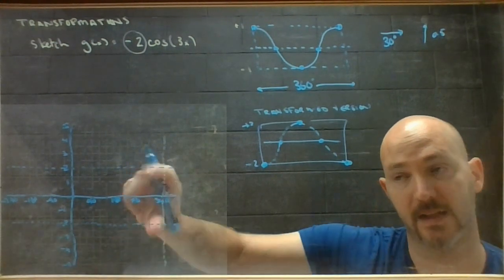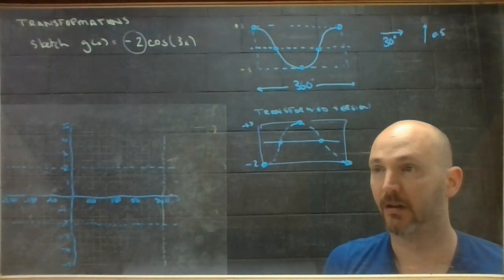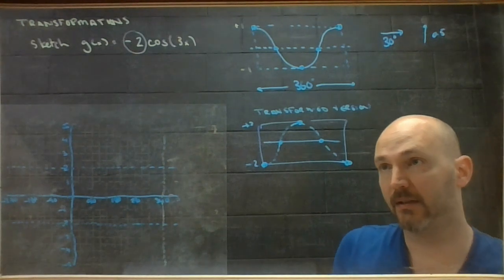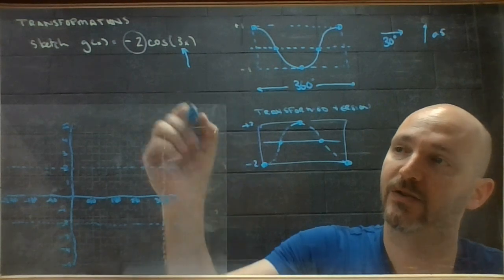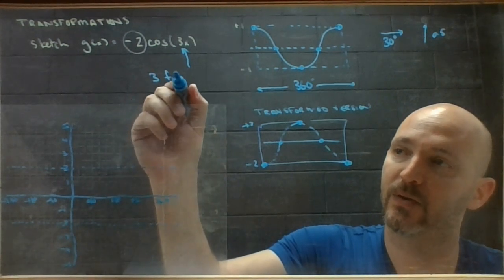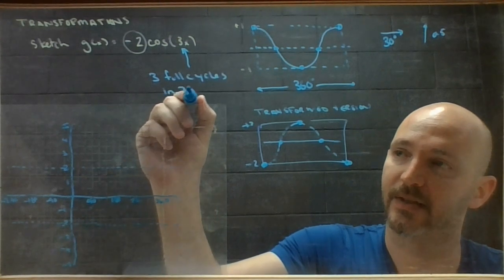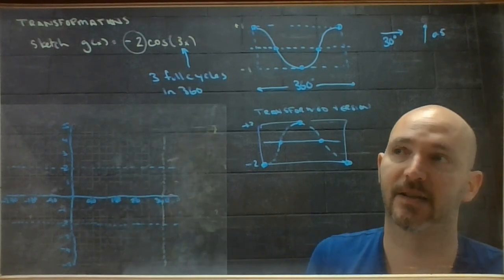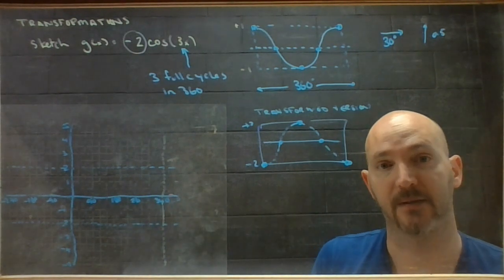You can start to see that it's been blown up this way. And to handle this K-type here, that's just telling me I need 3 full cycles in 360 degrees, as the axes have been accelerated. So you get more function in the same amount of space.